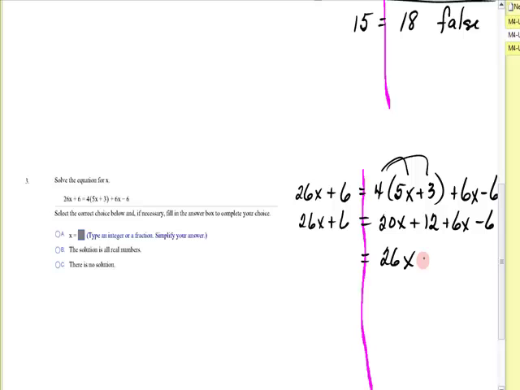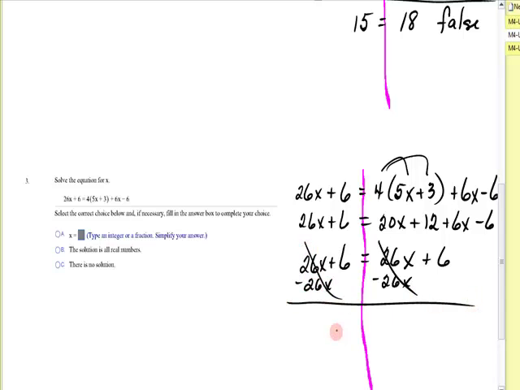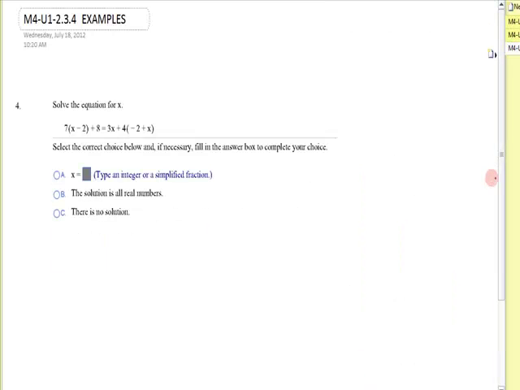I have 12 minus 6 is positive 6. Over here I have 26x plus 6. Variables on both sides. Eliminating one of them means that you eliminate both of them, in this case, leaving you with a true statement. That means the solution is all real numbers, which is an infinite number of solutions. Let's see if we've got maybe just one more.